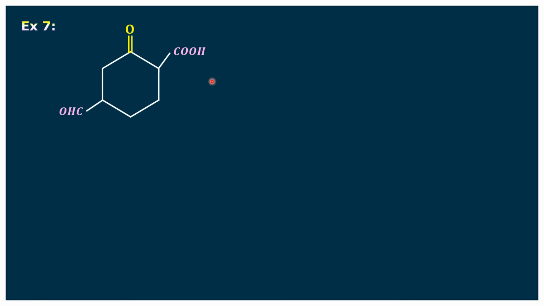So this carbon atom must be assigned serial number 1 while numbering the ring, and we can give the numbers either clockwise or anti-clockwise.